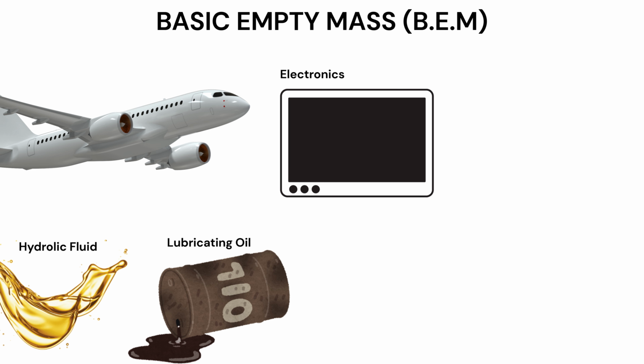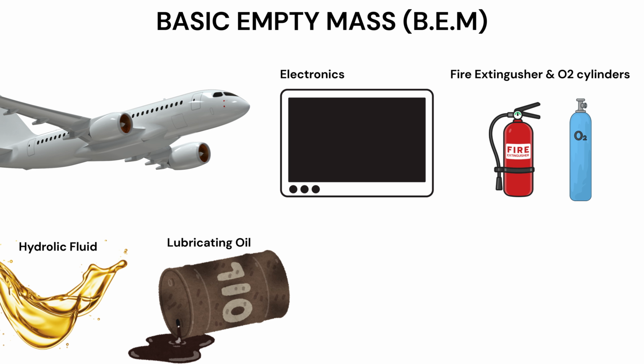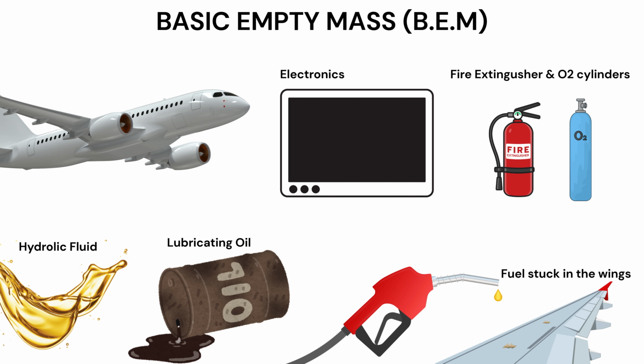The safety stuff is also included. Fire extinguishers, oxygen cylinders. And it's not like Airbus never put fuel in the plane. They must have tested it a lot before bringing in an important person like you. But although there's some fuel stuck deep in the wings that cannot be removed, you cannot use it to run the aircraft. This unusable fuel is considered in the basic empty mass.